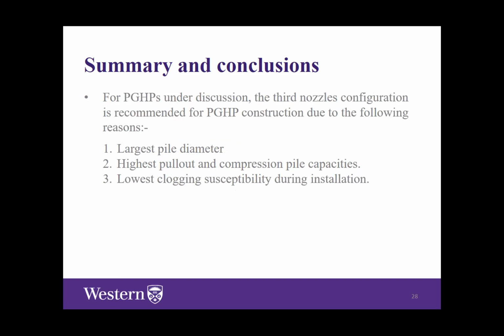From the comparison between the three nozzle configurations, we recommend using the third nozzle configuration, which is the one that has two nozzles below the helix looking upward. This nozzle configuration gives the largest pile diameter, 17.6 compared to 15 for the second configuration and 9.7 for the first one. This increase in the pile diameter makes it the one with the highest pullout and compression capacity.